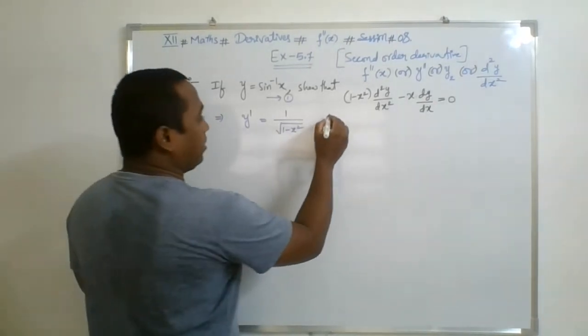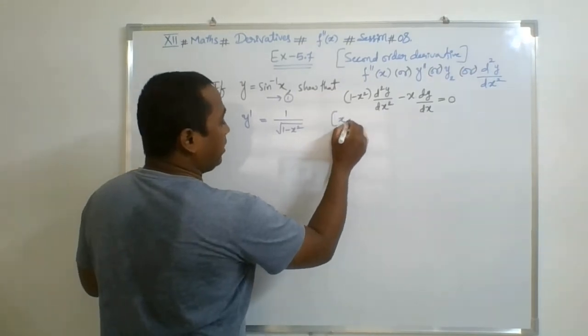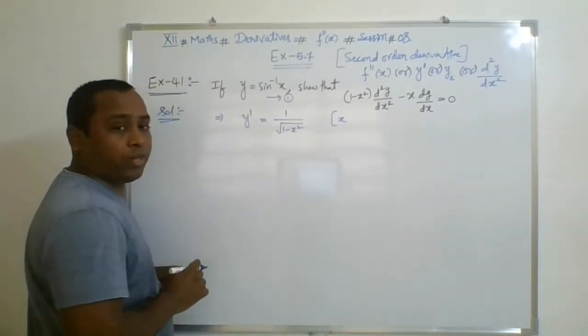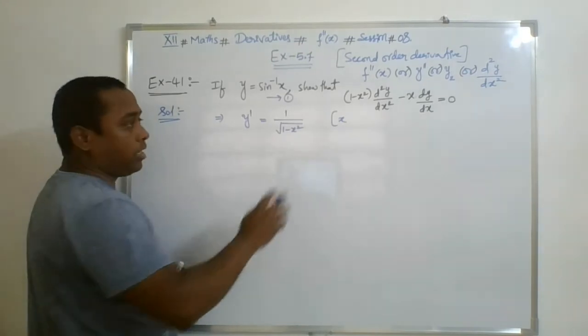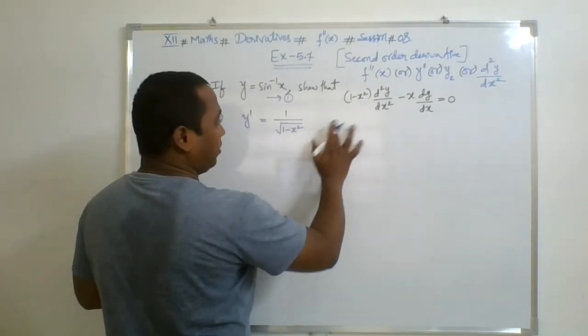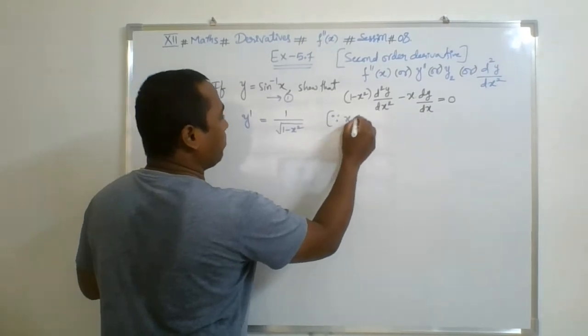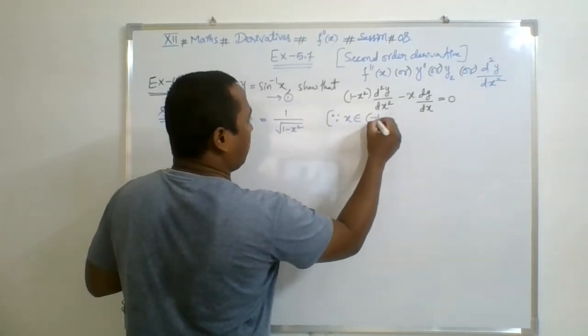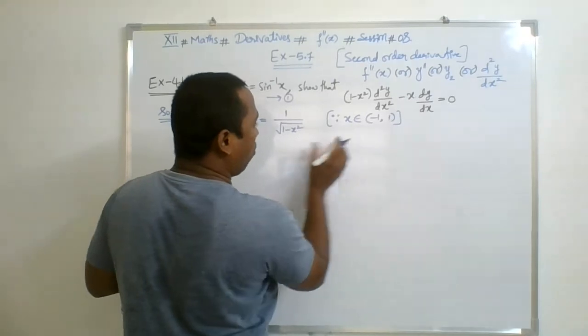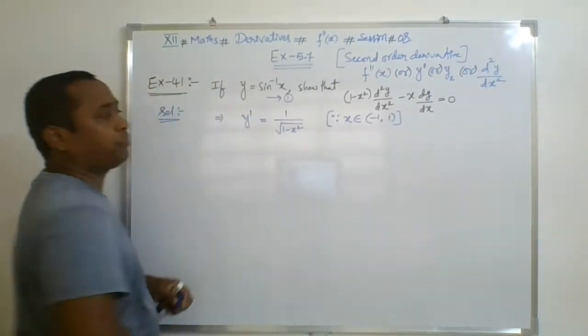Here x lies between minus 1 and 1, and that condition you have to remember. For the sake of convenience, x must lie between minus 1 and plus 1 for this derivative to hold true.